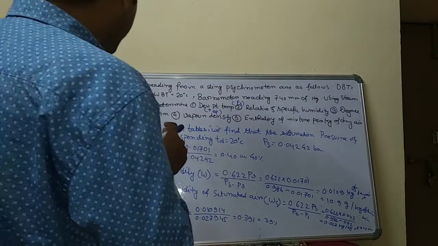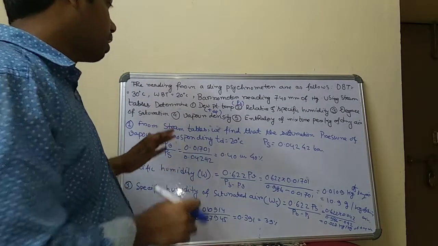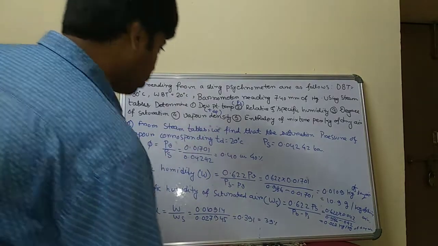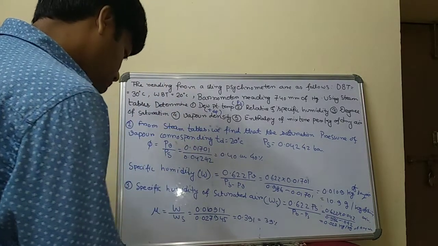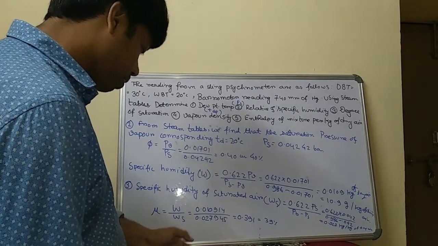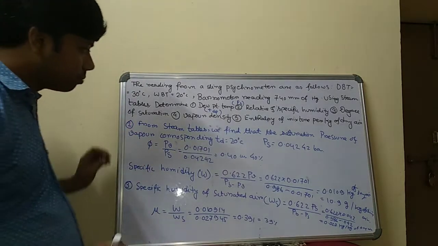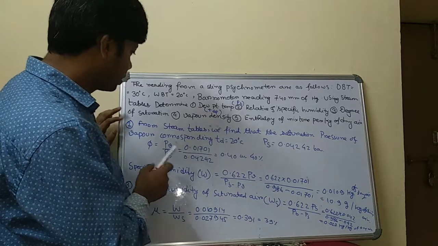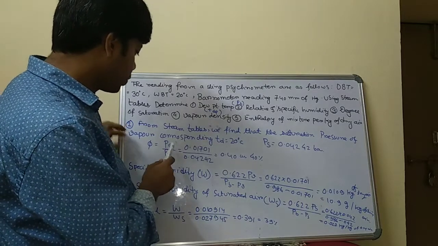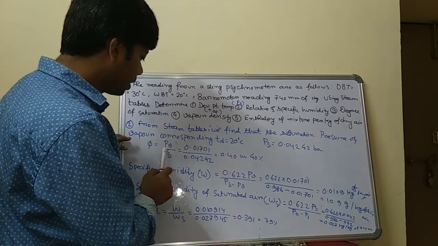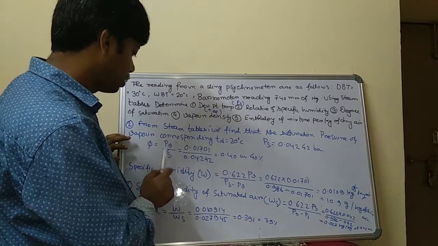So in the second part of the numerical, you have to calculate the relative and specific humidity. Relative humidity is the ratio between the vapor pressure divided by the saturation pressure.